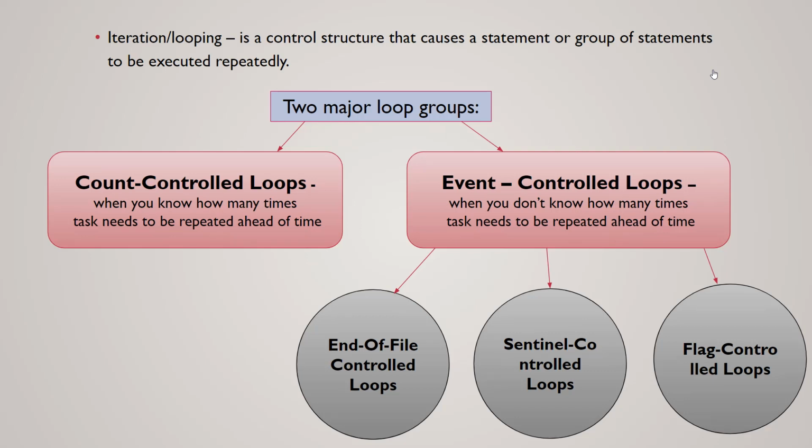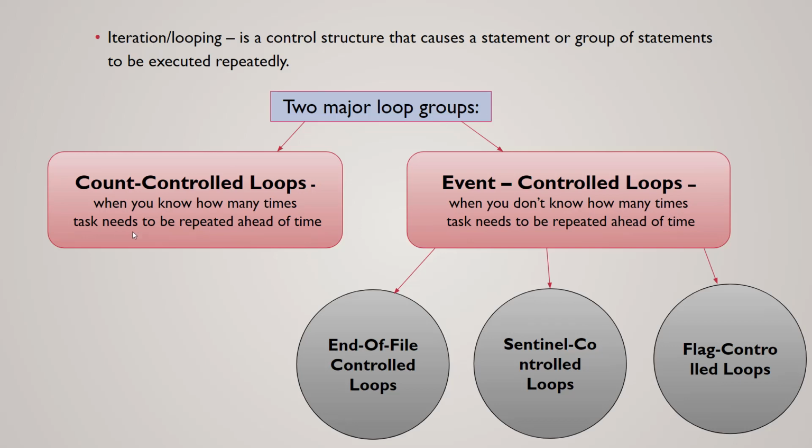So of course, we know what looping is. It's what allows us to repeat statements. So we can create some bit of code that we will repeat as many times as is necessary. Now, there's two major categories for loops, and those two are the count controlled loops here over at the left.